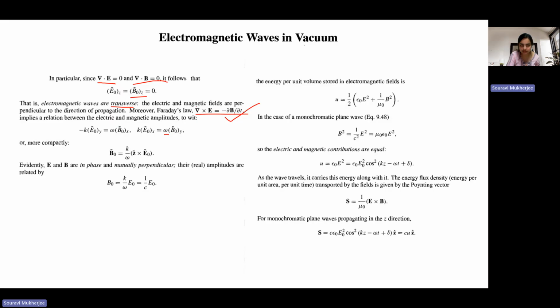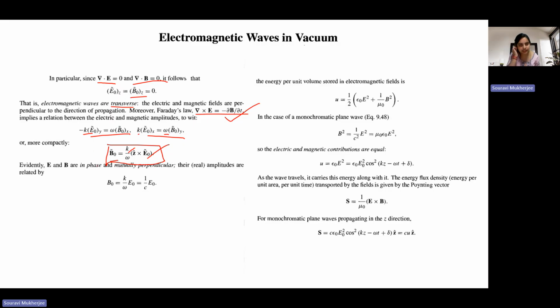And when you do curl of E, this is a derivative in the spatial coordinates, right? So you would get a k out. Basically, this is how the electric and magnetic fields are related component-wise. In a more compact way, this is what it is telling you. That means if you know the direction of propagation of your wave and the electric field, you can use this relation to find the magnetic field.